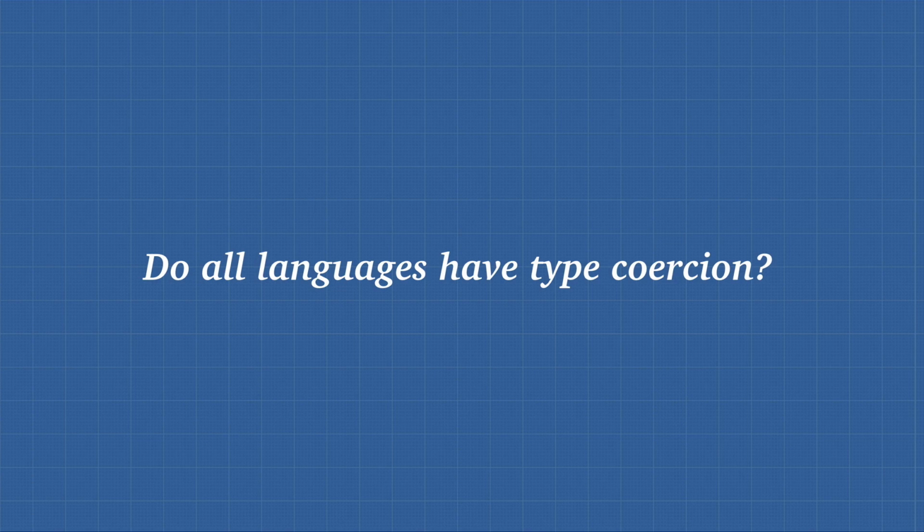The number 5 in actual physical memory on my computer is represented in 1s and 0s, and all languages do this. So there is some sort of type coercion at different levels of the stack. It just so happens that JavaScript has an especially heavy type coercion nature to it because it's dynamically typed, which is why it does this.